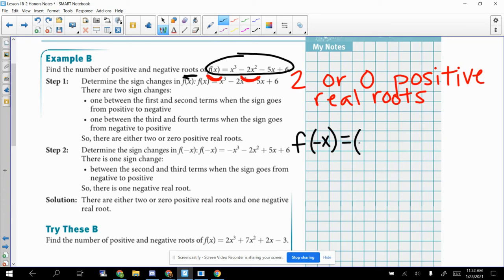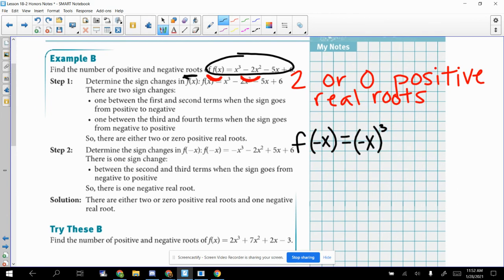Okay, so that would be negative x cubed minus 2 times negative x squared minus 5 times negative x plus 6. Okay, so I literally just plugged in a negative x for all of those x values, and then let's simplify.